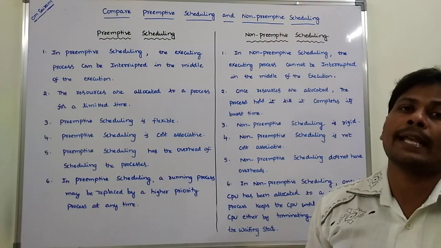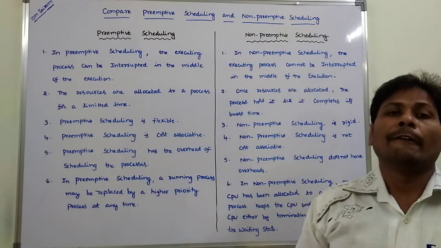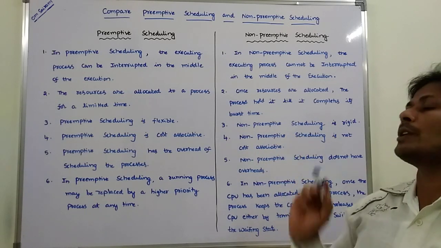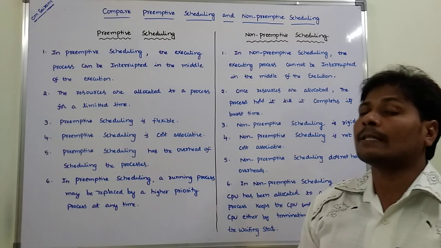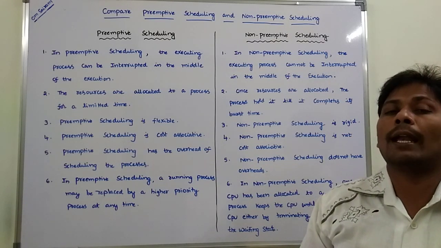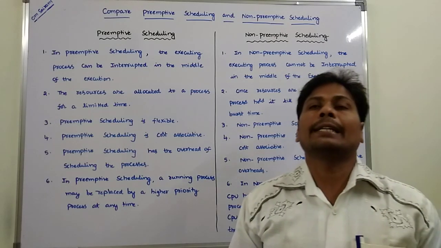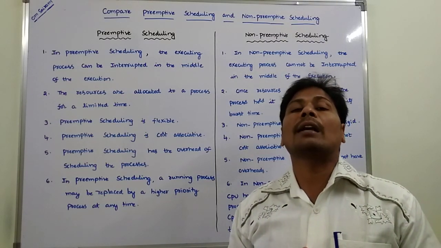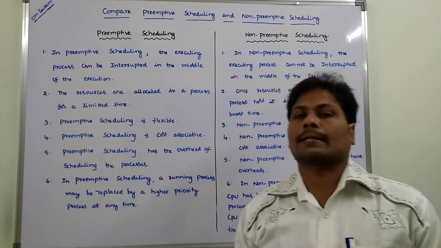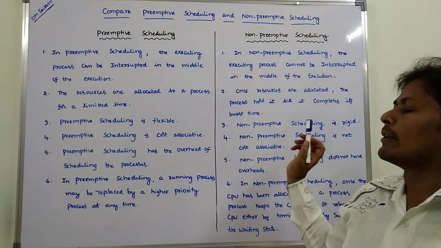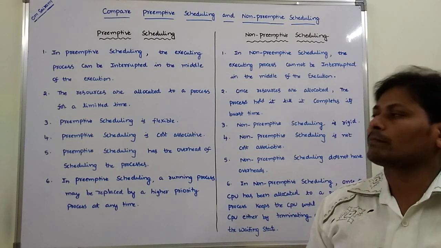Hence preemptive scheduling is flexible, whereas non-preemptive scheduling is not flexible, because once the CPU is allocated to a particular process, it cannot be interrupted until it completes its execution.